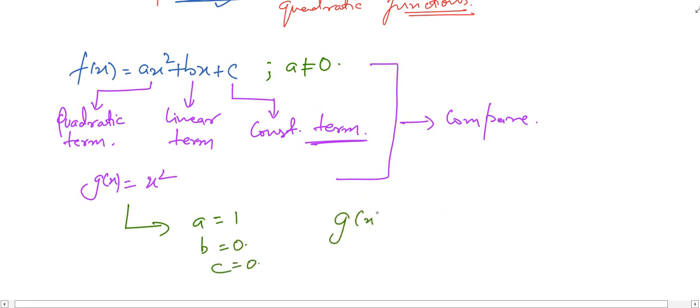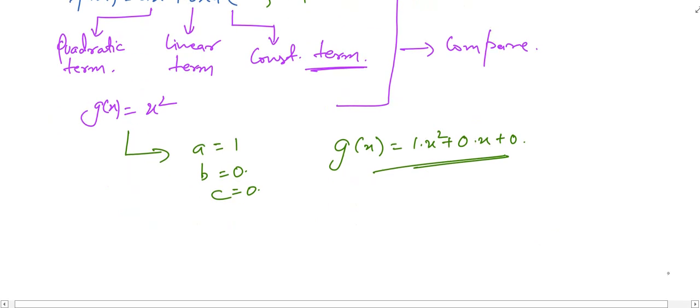So g(x) we can write again in the form of f(x), 1·x² + 0·x + 0, right? So this g(x) can also be written in this form, which is nothing but an unnecessarily extended form, just to explain to you that these two forms are the same and the coefficients a, b, c are different, right? So this is an example.